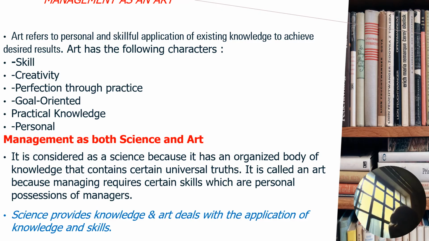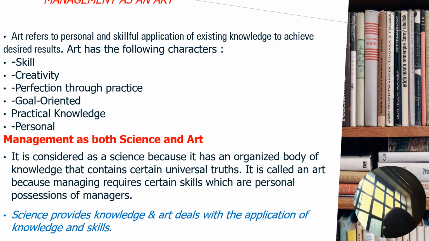An art discipline is characterized by a number of characteristics. Number one is practical knowledge. Every art will require practical knowledge. Therefore, learning the theory is not sufficient, but it is very important to know the practical application of the theoretical principle.